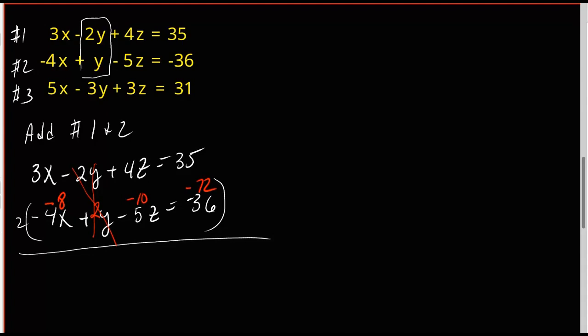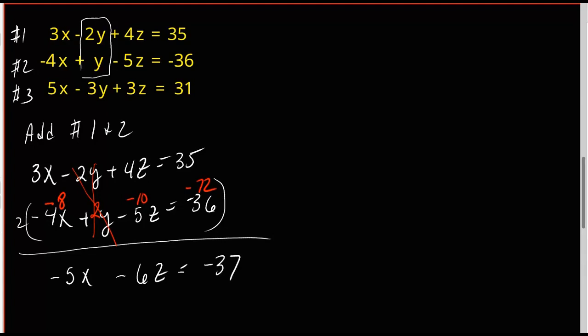So now I'm able to simply combine these together here. So 3x minus 8x gives me a minus 5x. A minus 10z and a positive 4z gives me a minus 6z. And let's see, negative 72 plus 35, that should be negative 37.